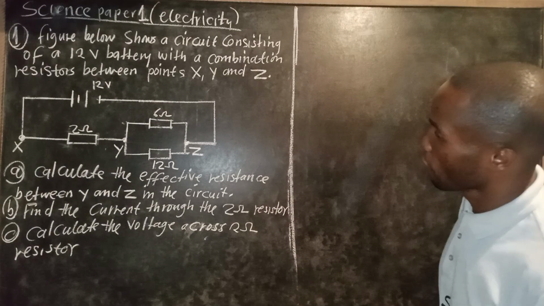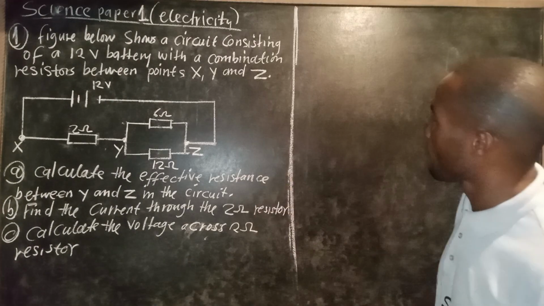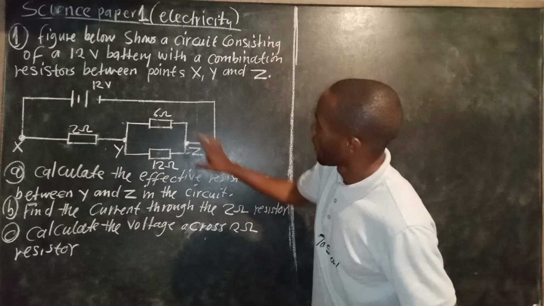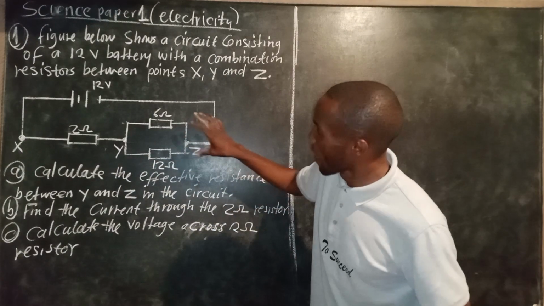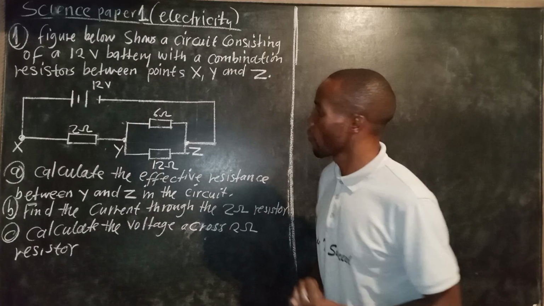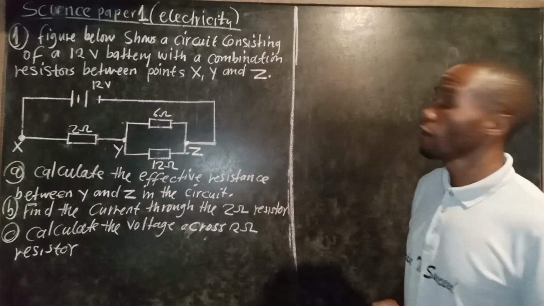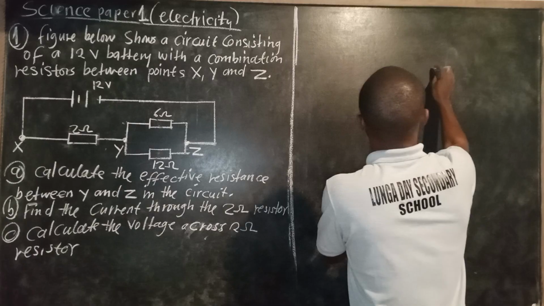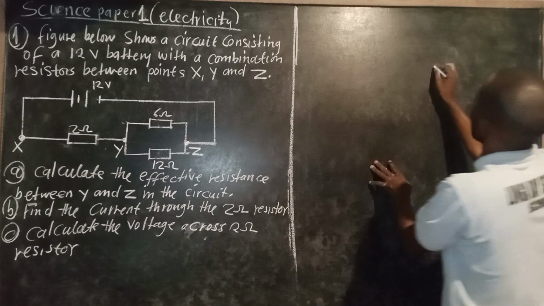So this is what we are going to do. Calculate the effective resistance. How are you going to calculate? Between Y and Z, these two resistors are in parallel. Hence, we are going to use the formula for parallel resistance. So let me write from here. I'm avoiding light.